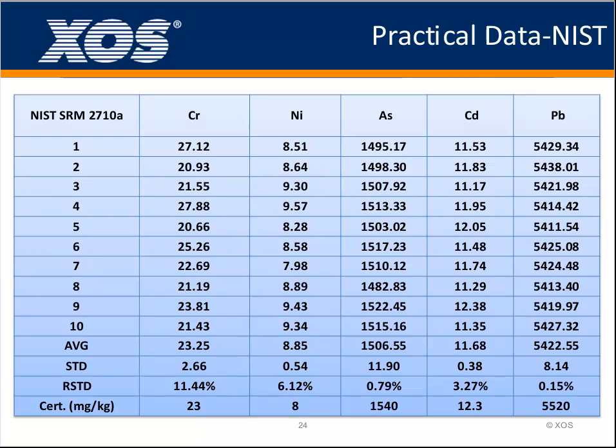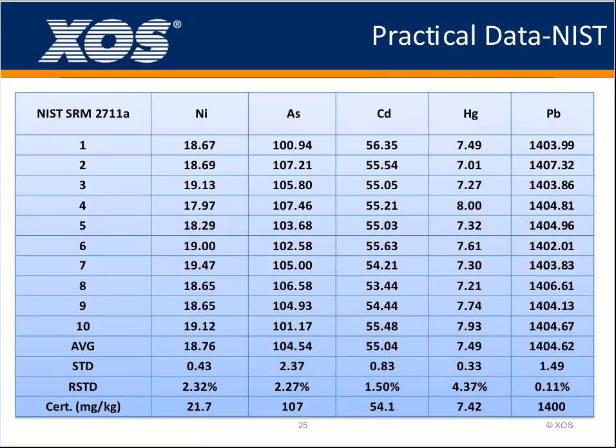We can see for pretty low concentration nickel and cadmium, we can get an RSD close to 6% or 3%. It's very low. And for this another NIST reference sample, for mercury, it is very low concentration, as low as 7 ppm. And this cannot be analyzed by the first generation, but we can test it quite well with RSD around 4%.